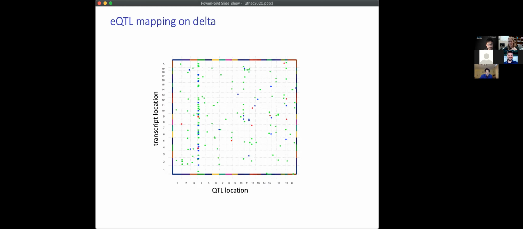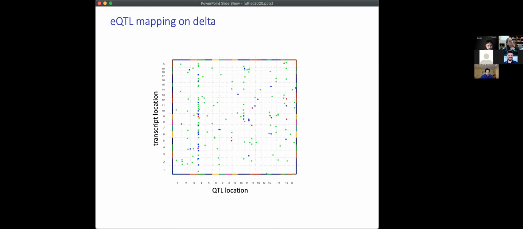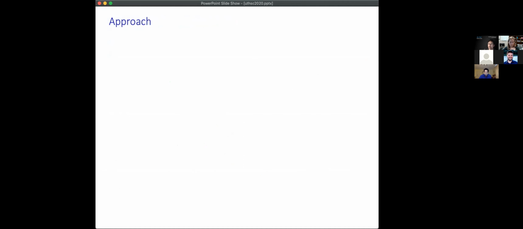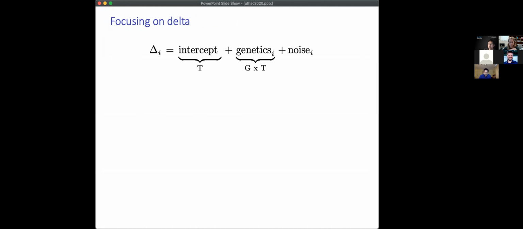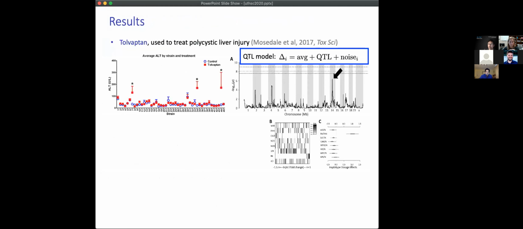So you mentioned that the delta should have bigger variance. I'm not sure I would necessarily agree with you, because there is a shared genetic variance that will cancel out when you take the delta. It's like a paired t-test, right? The delta is essentially the equivalent of a paired t-test.